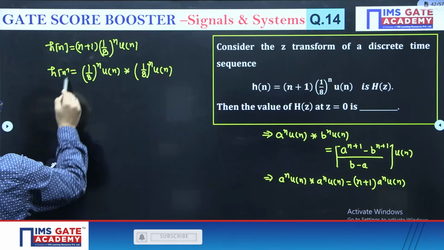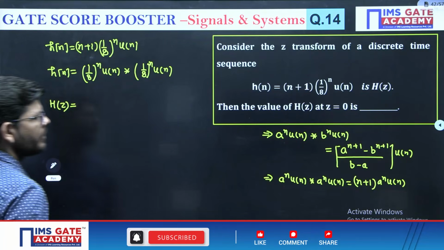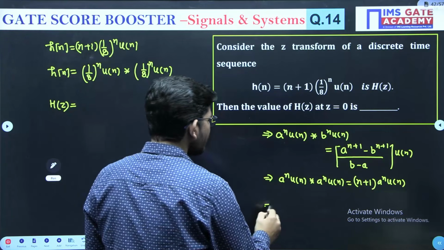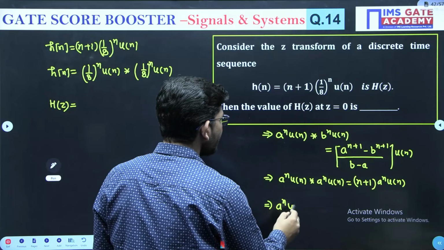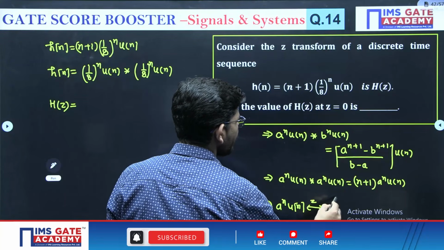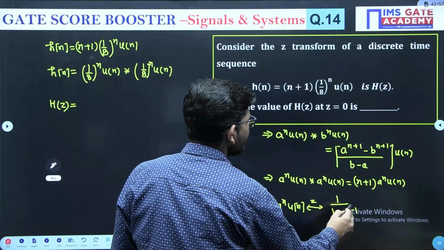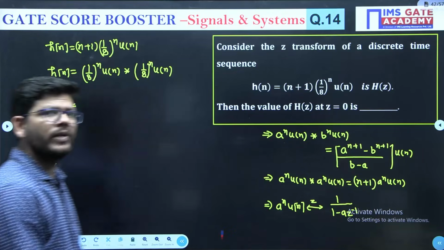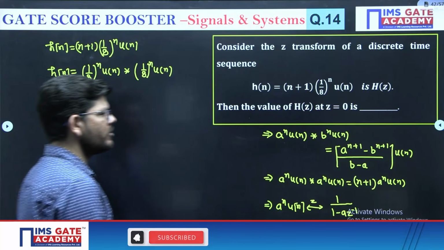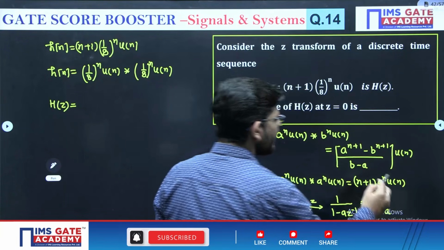Now you know that convolution in time domain is multiplication in frequency domain. So what is going to be the z transform of a to the power n u[n]? It is going to be 1 upon 1 minus a z inverse, or I can write it as z upon z minus a.